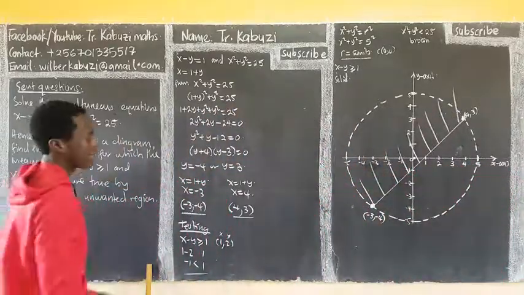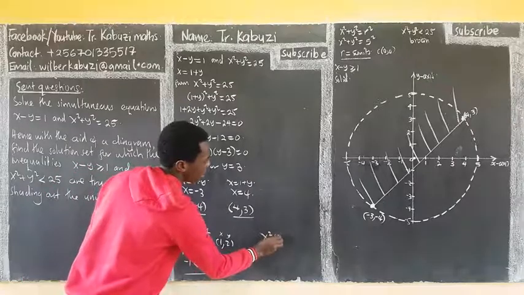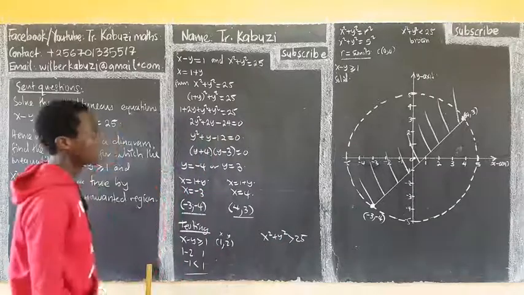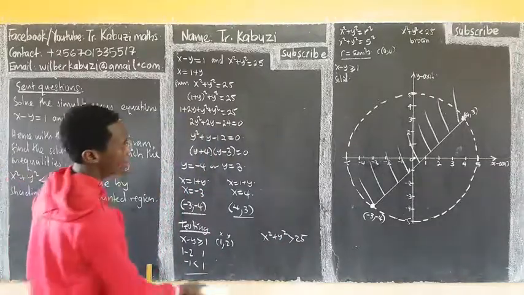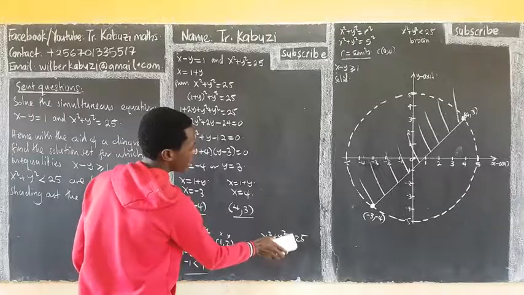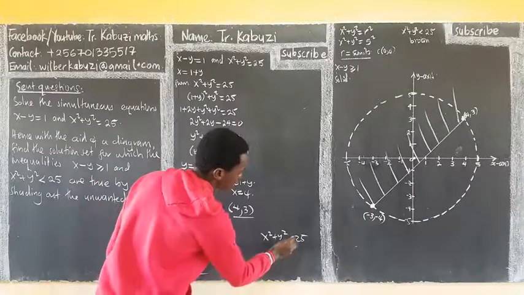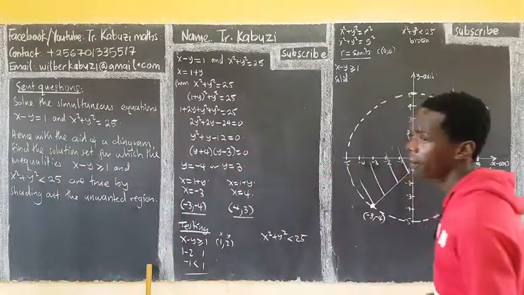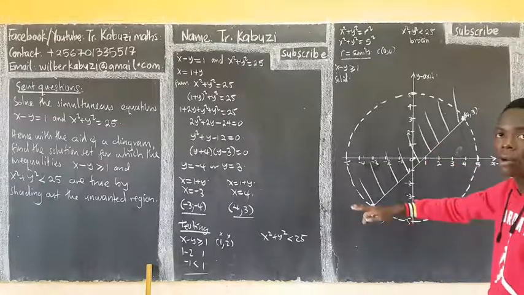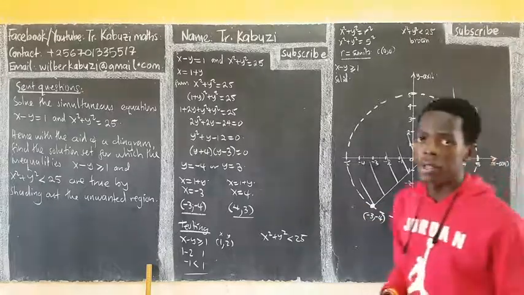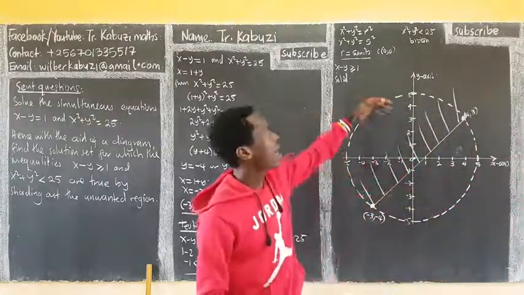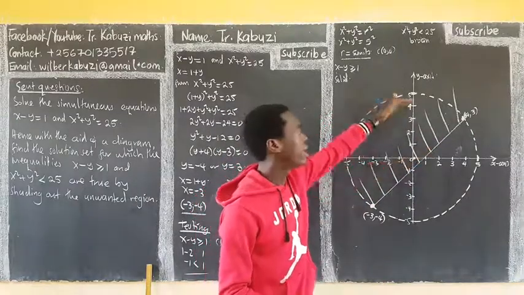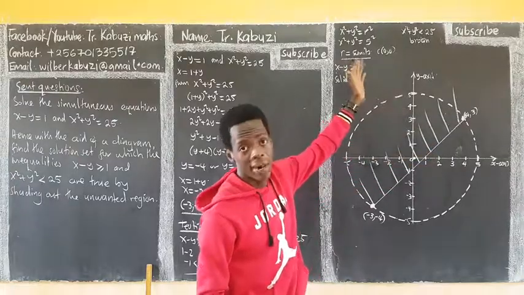Now, for the case of the circle, remember our circle is x squared plus y squared less than 25. Still, we just use a point. For a circle, we have two regions: the inside region and the outside region, or the region within the radius and the region outside the radius of the circle.